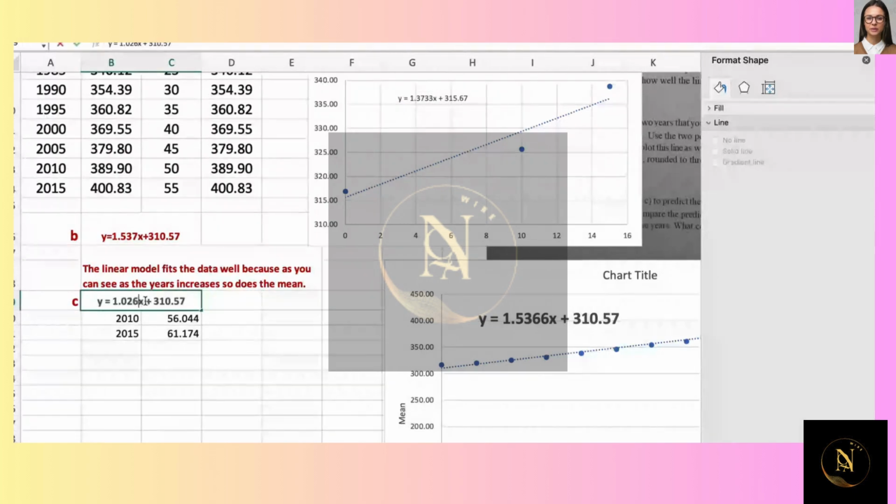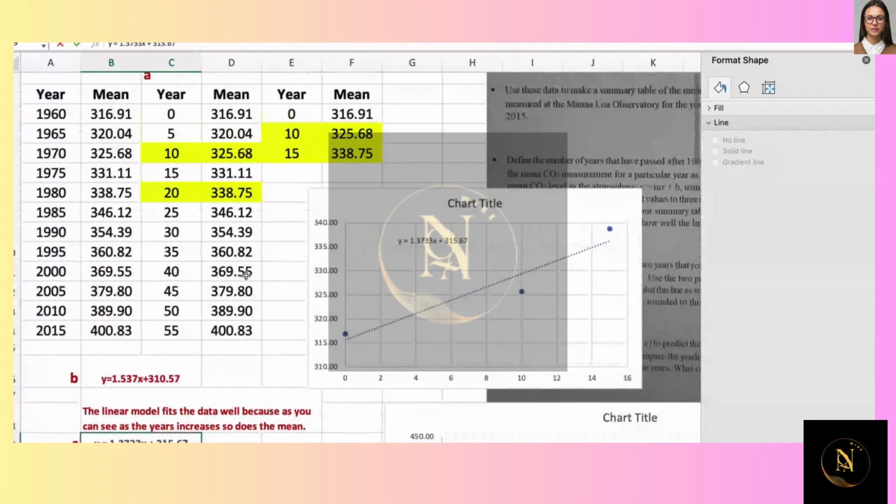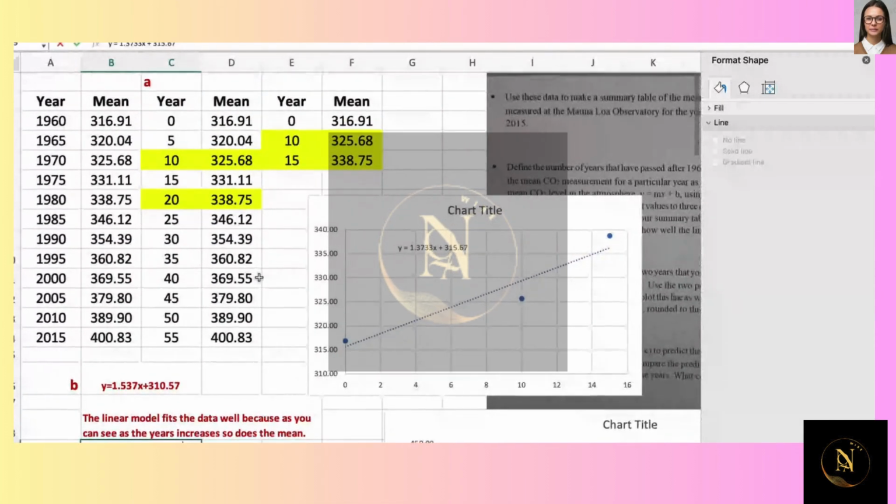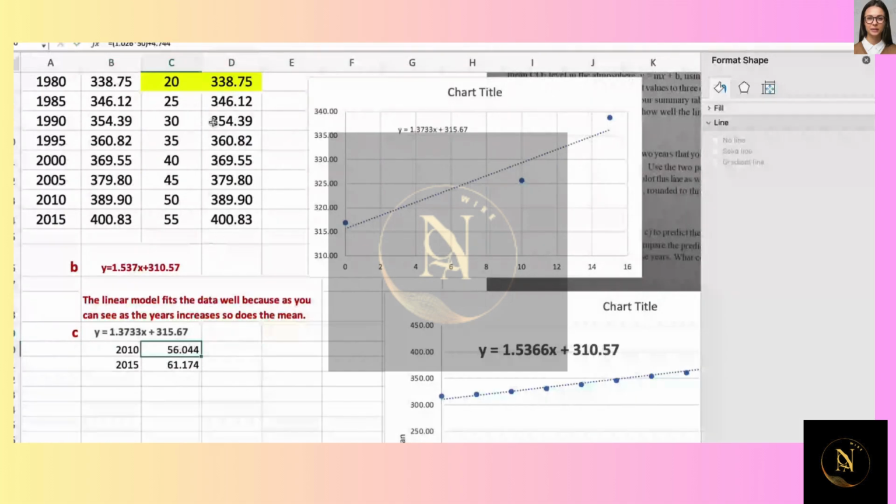So it's 1.3733. And then 315.67. Okay. And then I'm going to change this 1.373 times 50 plus 315.67.